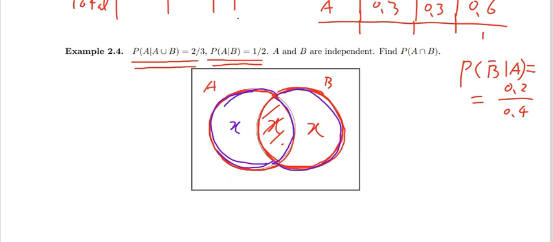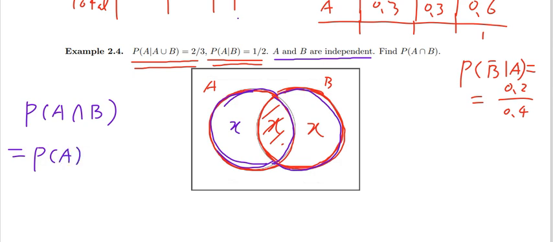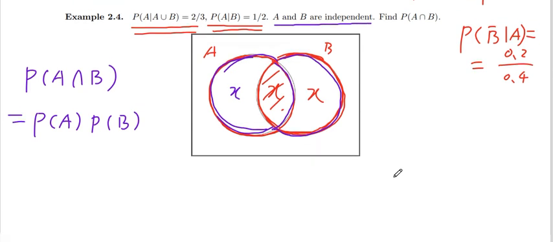Okay. So now there's a condition: A and B are independent. Independent means P(A and B) equals P(A) times P(B). So apply to here. Suppose the total is 1.